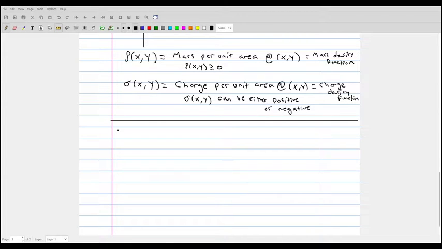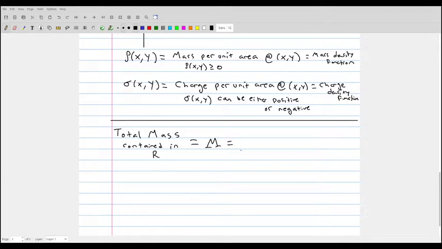The total mass, or total amount of mass contained in a region R, or in a lamina, is directly equal to, we'll call this M, capital M, just for notation.